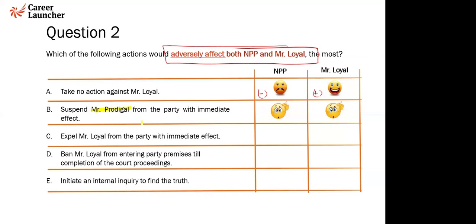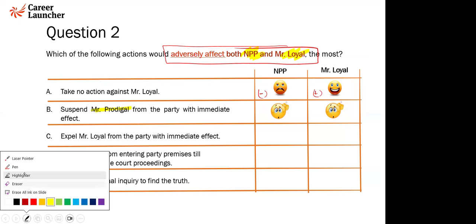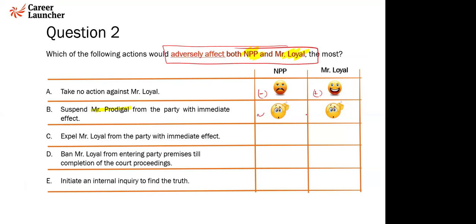Suspending Mr. Prodigal with immediate effect does not really negatively impact any of them. In fact, it will be looked at a little positively by the media and social activists in favor of NPP. And Mr. Loyal also will be happy that it is only a suspension, because suspension can always be revoked. So it is not going to be really negative for any one of them. Hence, it is not going to be a good option.